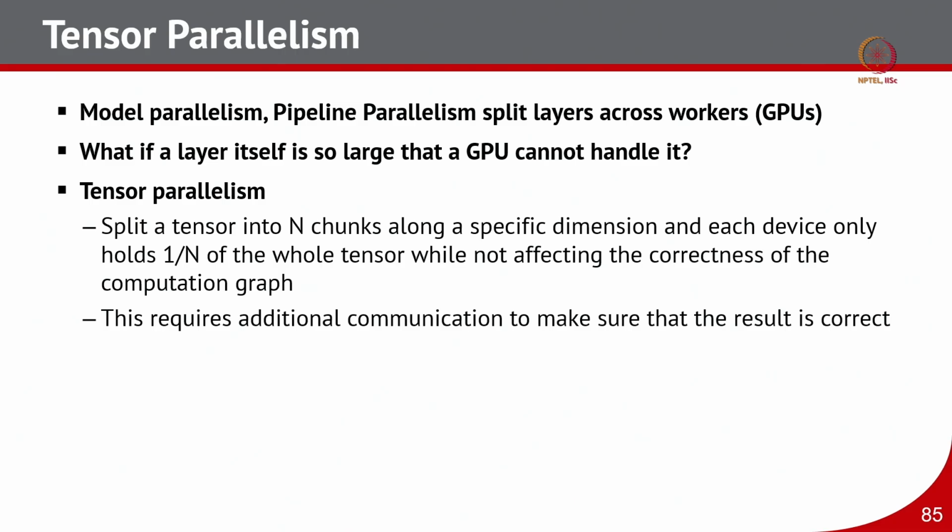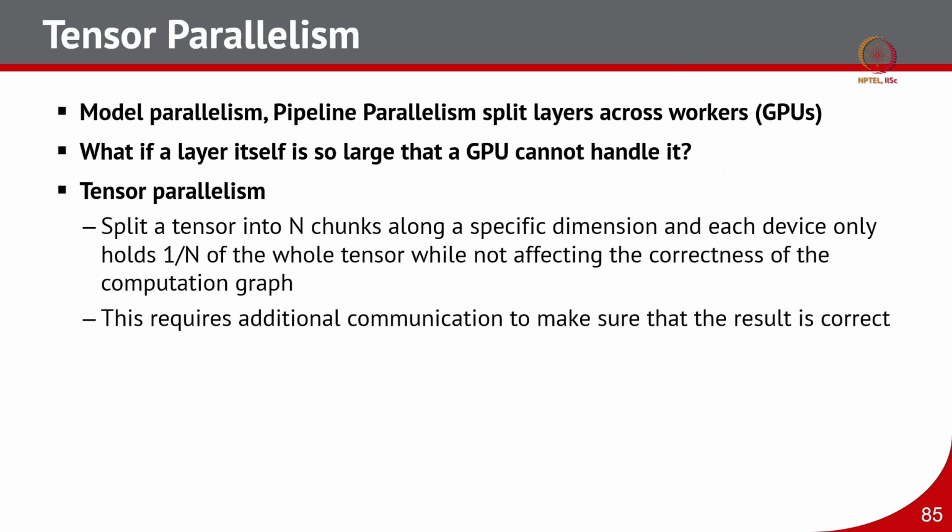But it might be the case that a layer itself is so large that a GPU cannot handle it. We will see this when we discuss large language models. That is when tensor parallelism comes into the picture.